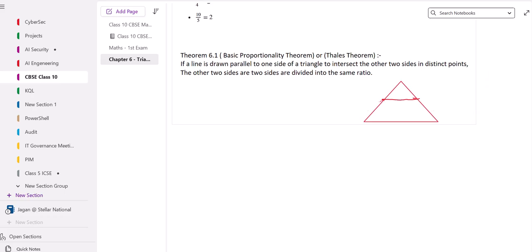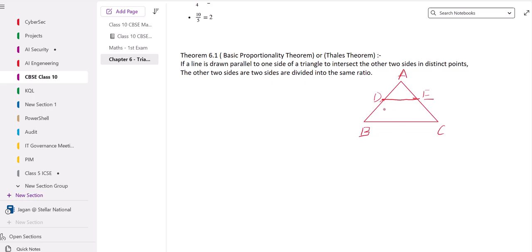Let's name the points. This is A, this is B, this is C, and this is the line intersecting. This is a line DE intersecting, parallel to BC.